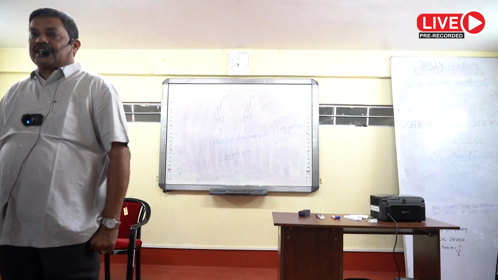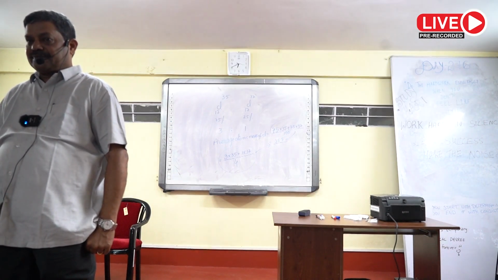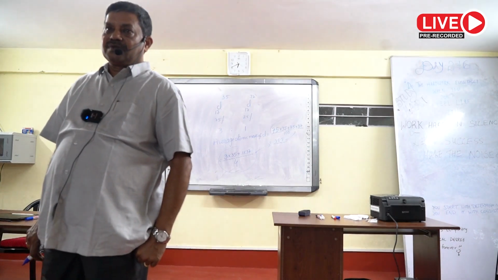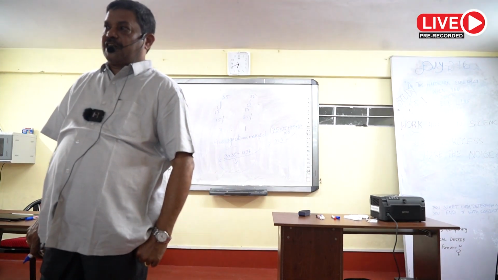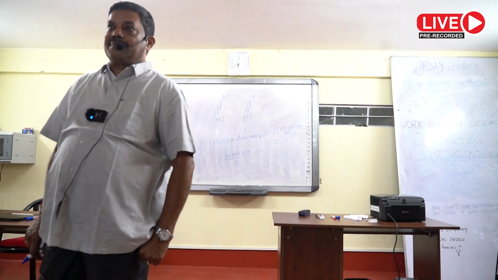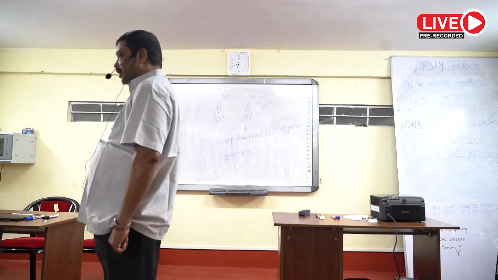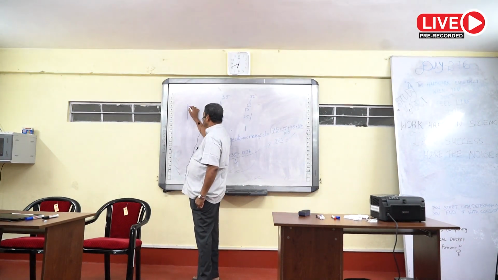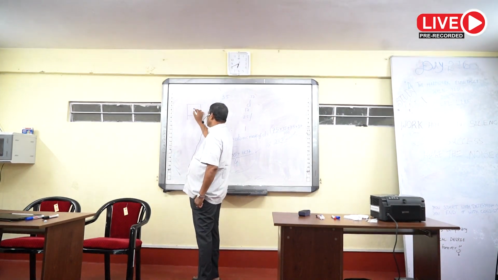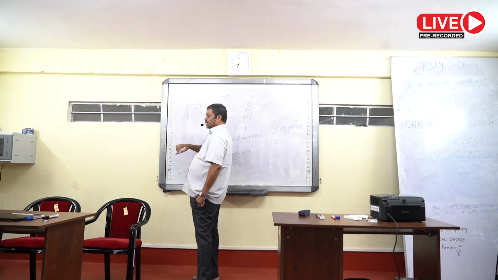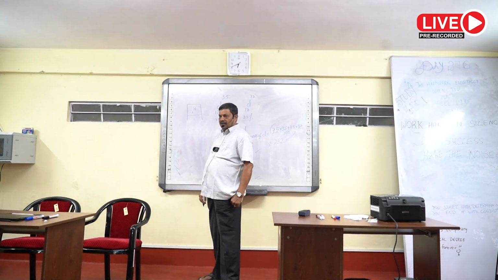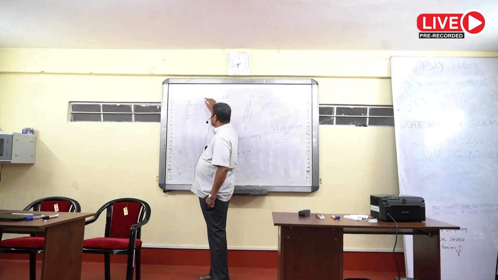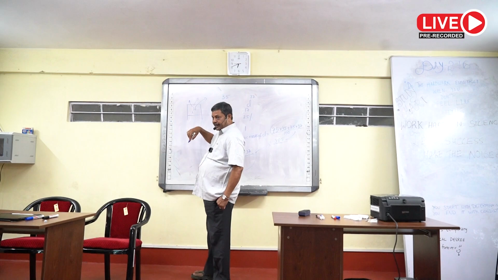So how many of these are correct statements? What is the first statement? They find same place in the periodic table. Suppose in the periodic table, if I allocate one box for hydrogen with atomic number 1, that includes all the 3 isotopes of hydrogen.